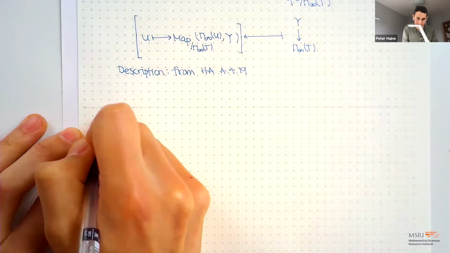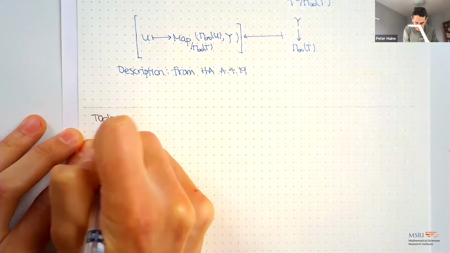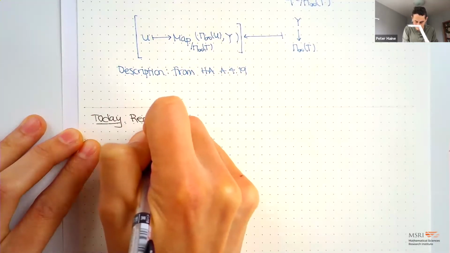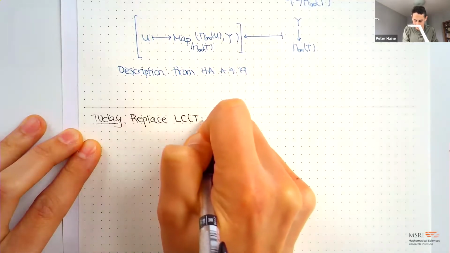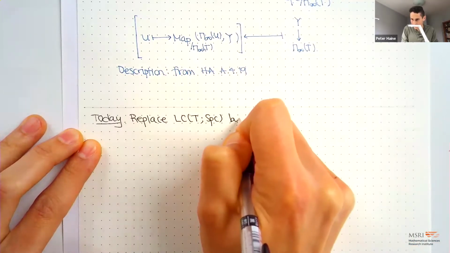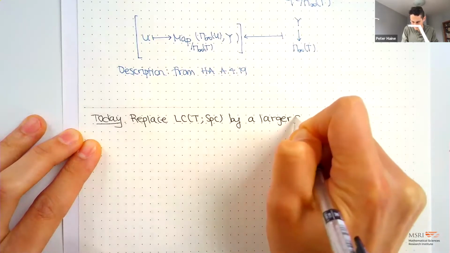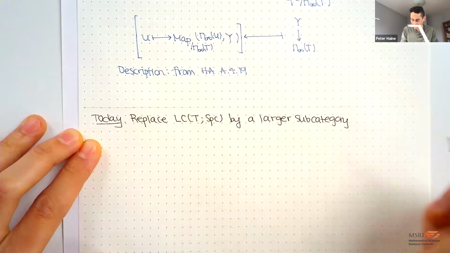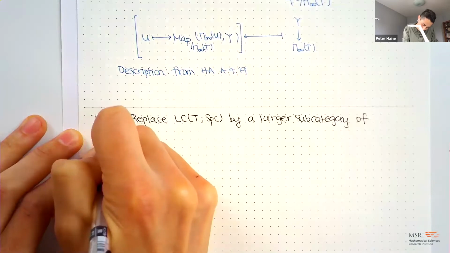So today we're going to replace locally constant sheaves of spaces on T by a larger subcategory of what are called constructible sheaves.